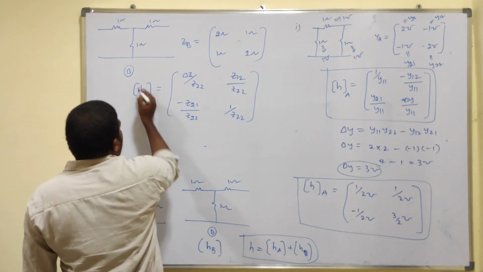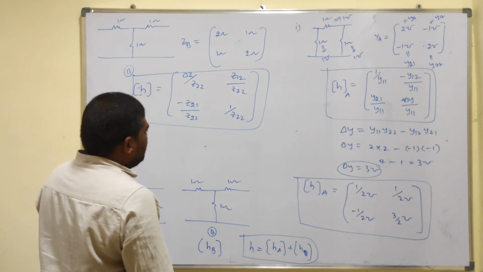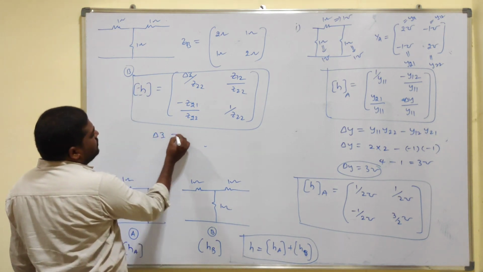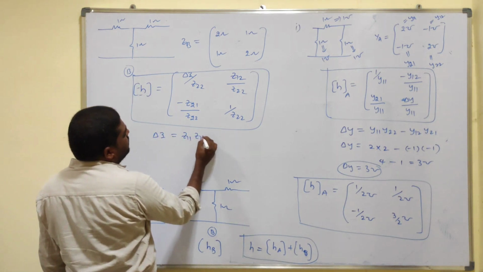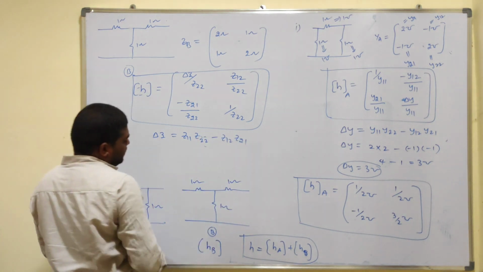Here, this is the conversion of H to Z. Delta Z equals Z11 Z22 minus Z12 Z21, right?